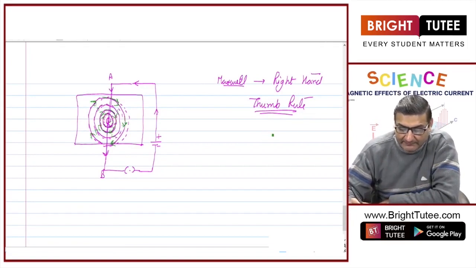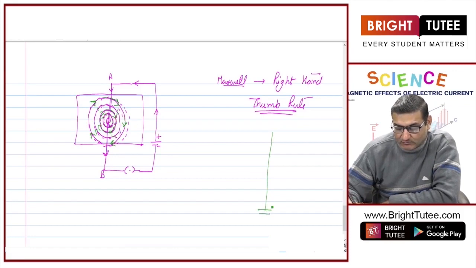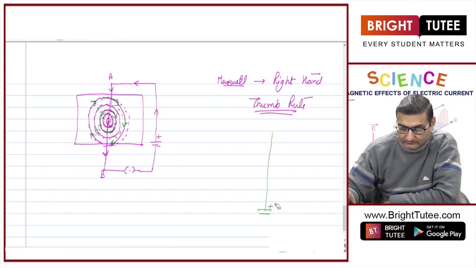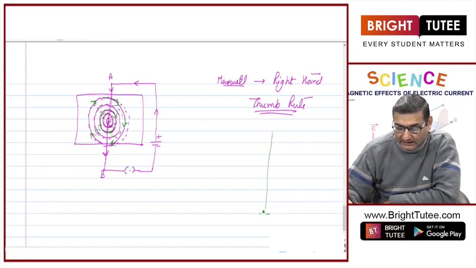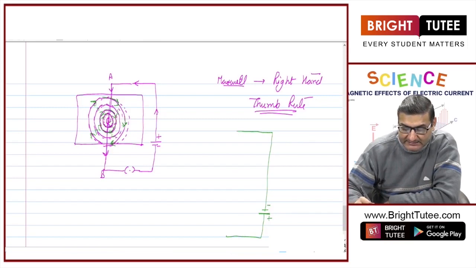And had it been the other way round, with this wire, now we reverse the direction of current. Same setup, we will take the same wire and a cardboard, right?